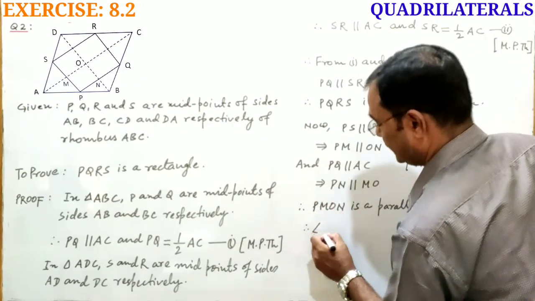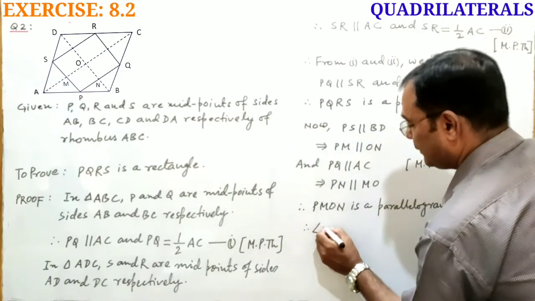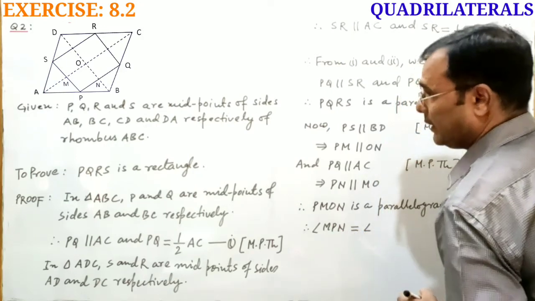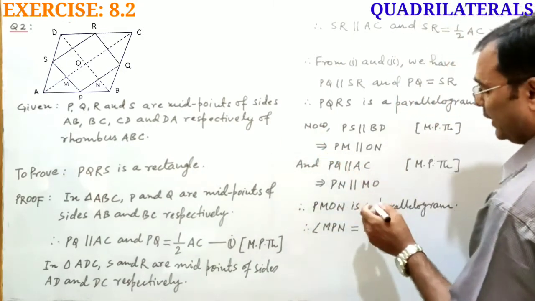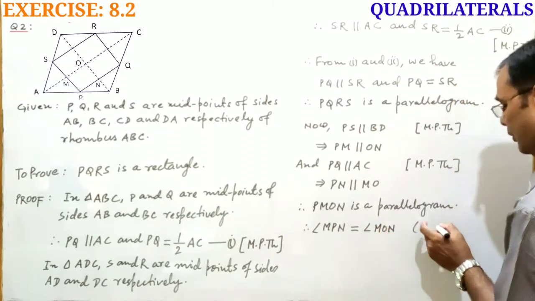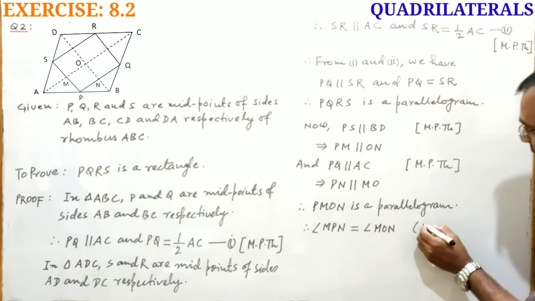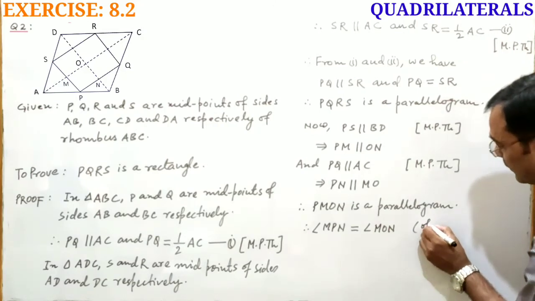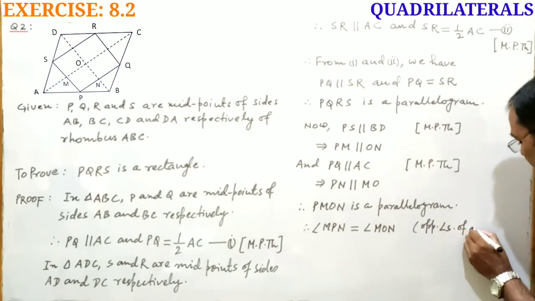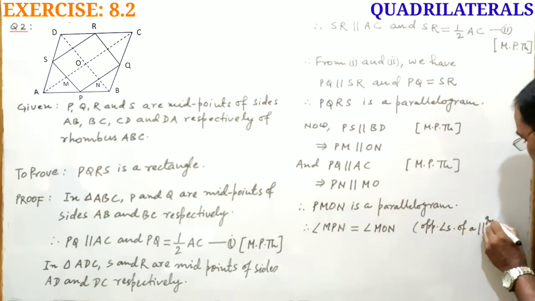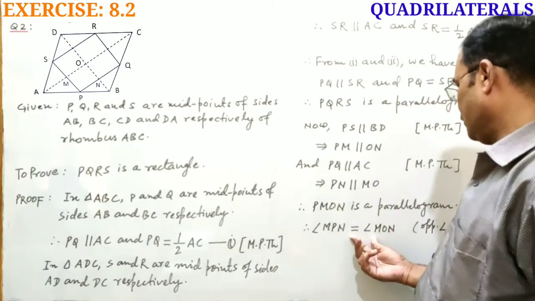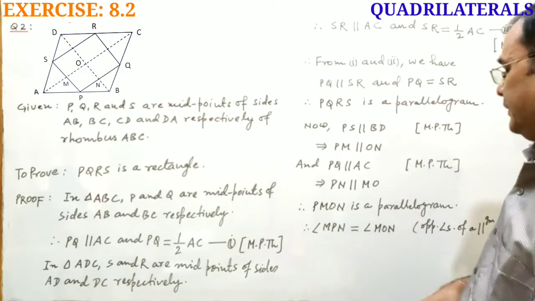Therefore, angle MPN is equal to angle MON. Opposite angles of a parallelogram are always equal. That's why angle MPN is equal to angle MON.